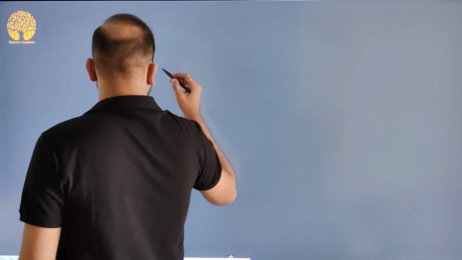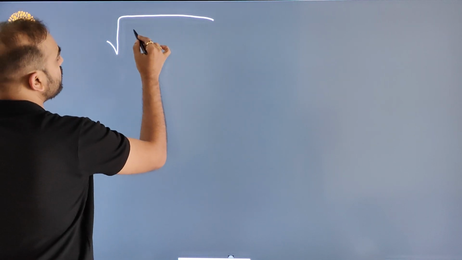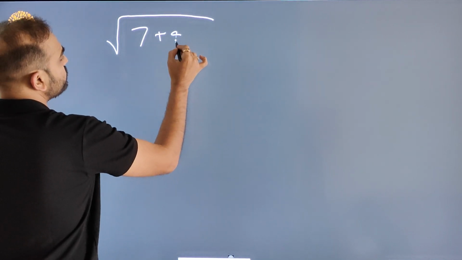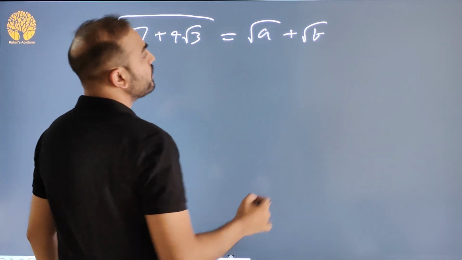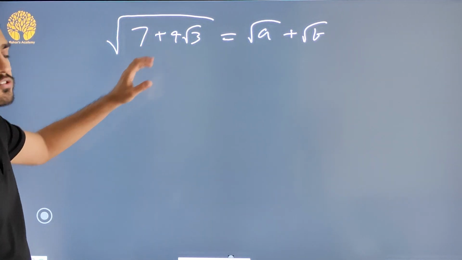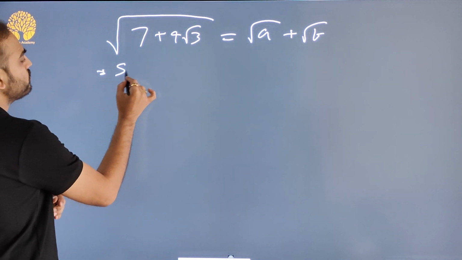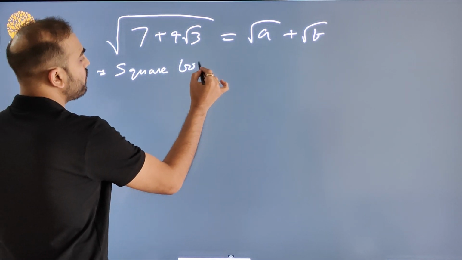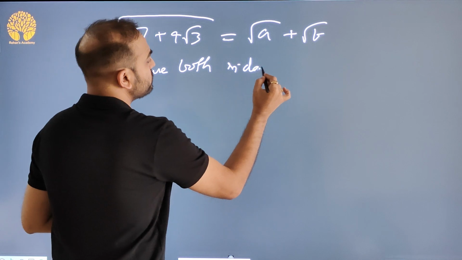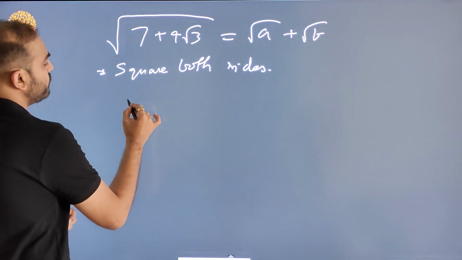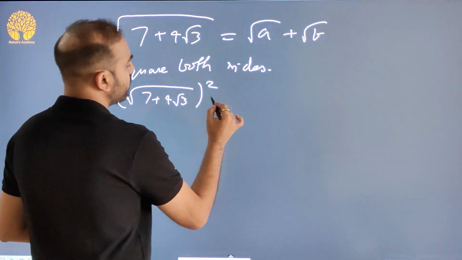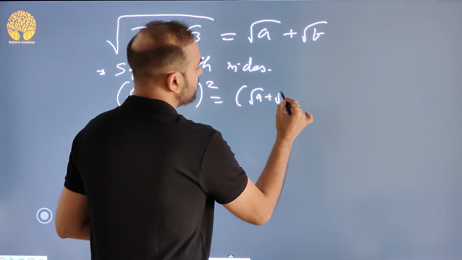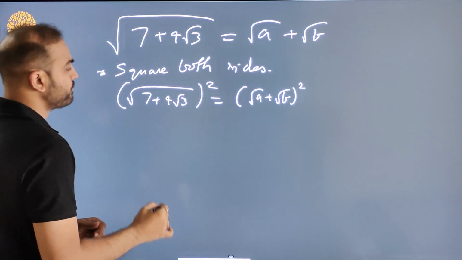Alright, let's solve it here. So we have root of 7 plus 4 root 3 is equal to root a plus root b. Now if you want to remove the square root, what do you do? Square both sides. You simply square both sides. So we get root of 7 plus 4 root 3 the whole square is equal to root a plus root b the whole square.